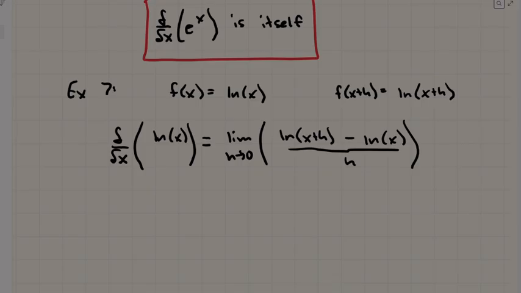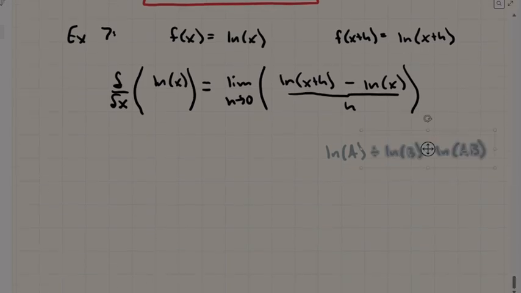One thing that you might remember, right, is that we have ln(a) + ln(b) is equal to ln(a times b), and likewise with subtraction, ln(a) - ln(b) would be equal to ln(a divided by b). There's lots of other important limit rules. We'll just stick to those for now.